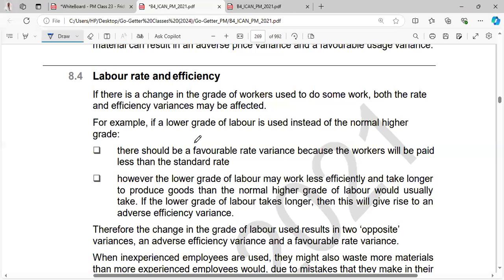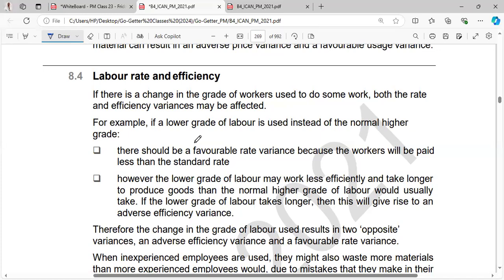Efficiency variance high, favorable. But when you are using lower grade, just want to get cheap labor, you don't have the money to pay for quality. You spend a lot of hours trying to correct, trying to supervise. Your efficiency will be low, which is an adverse variance.